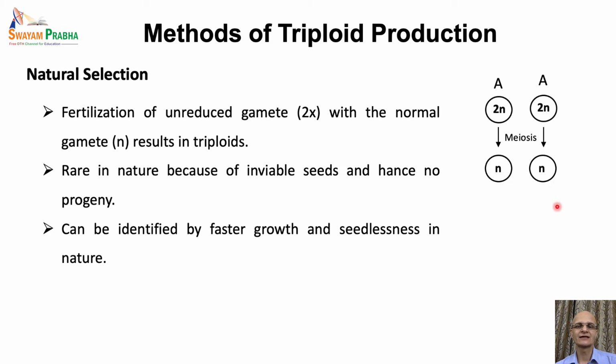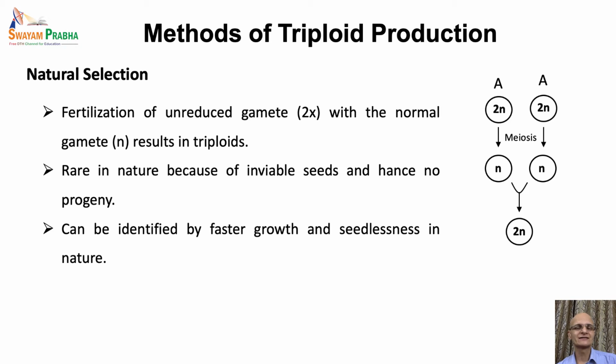And these gametes have half the number of chromosomes as that of the somatic cells, and it is represented by N. These gametes fuse to form the zygote, which develops into the sporophyte plant. So that's how the normal life cycle of sexually propagating plants proceeds.